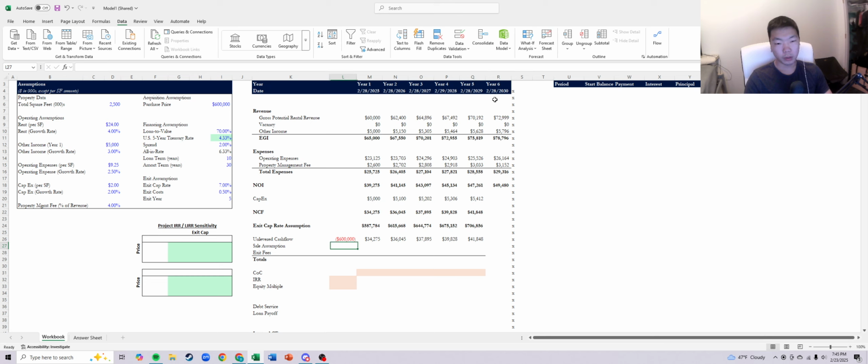Sale assumption. So this is like the same thing. I only want to see any money coming in from the sale of the property. I only want my model to show that if I actually sell it. So I'll do an if statement.